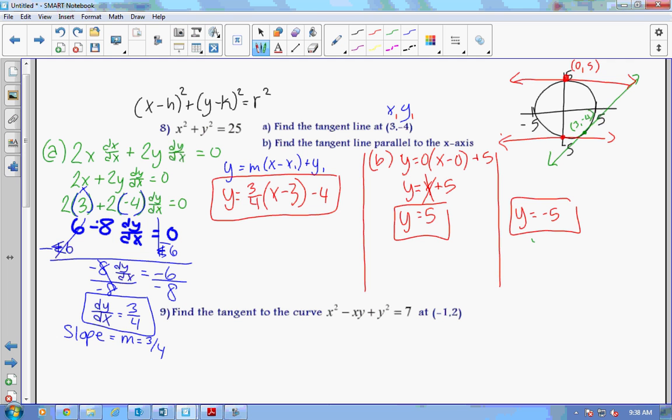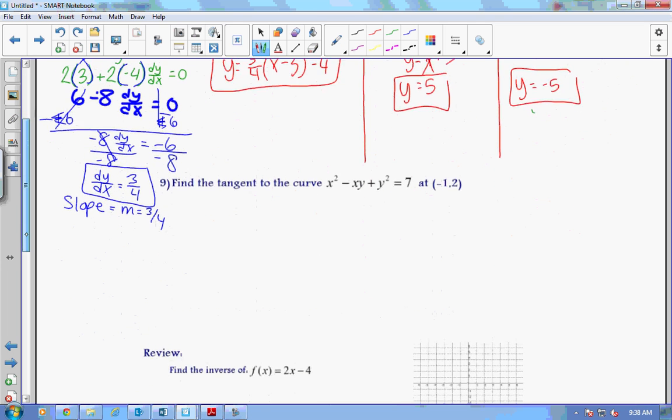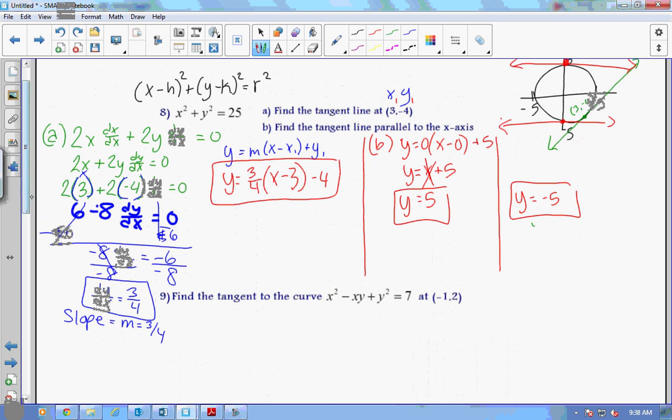Okay, the bell is going to ring shortly, but let's at least practice taking the derivative of number 9. Say this one wasn't so easy, how would we find it? If you're finding something parallel to the x-axis, you know the slope is 0.